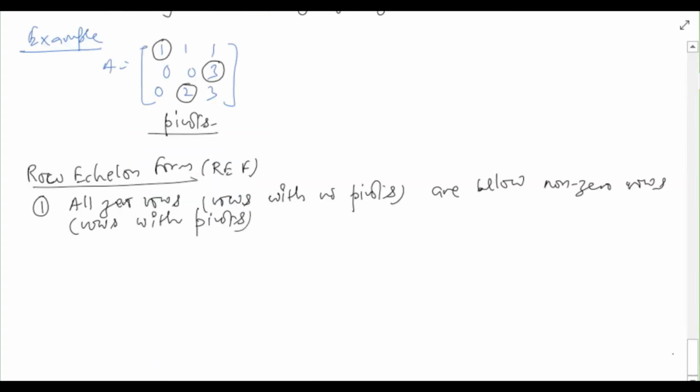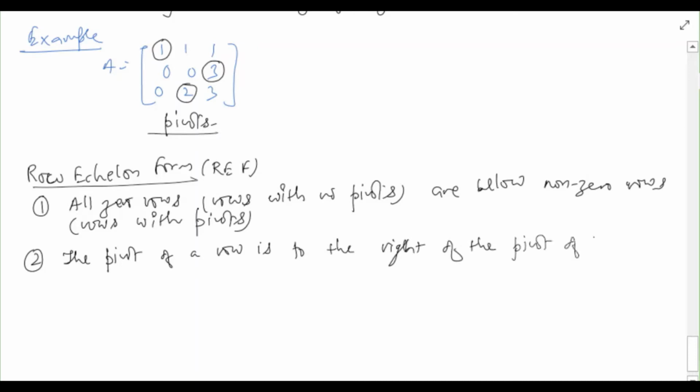And the second condition is the pivot of a row is to the right of the pivot of the row above it.